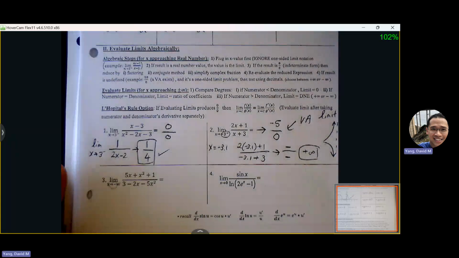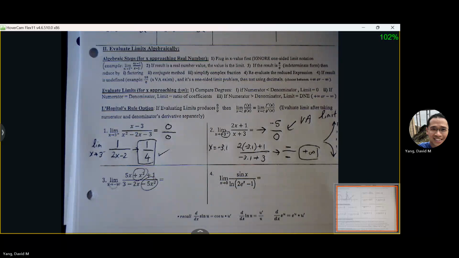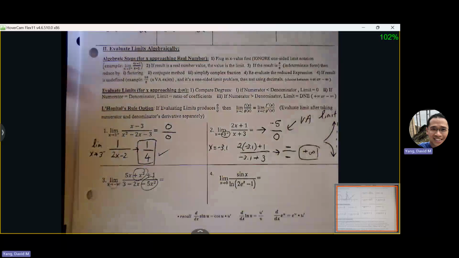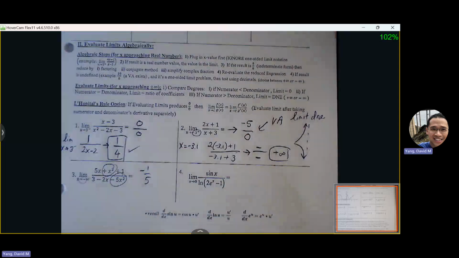So what do you notice with number 3? Degrees are the same. The limit is just what? -1/5. All right, try number 4.